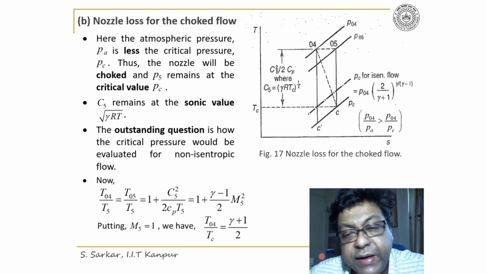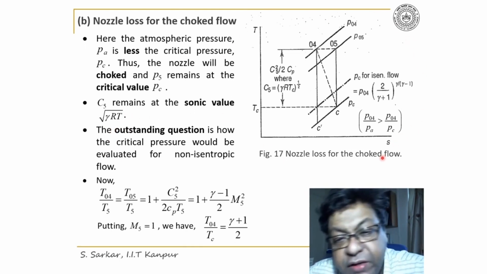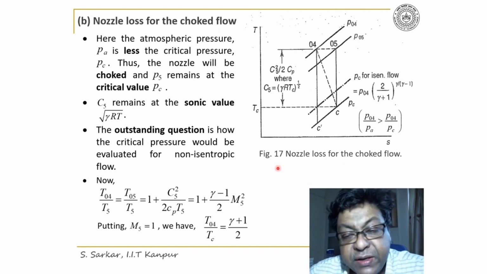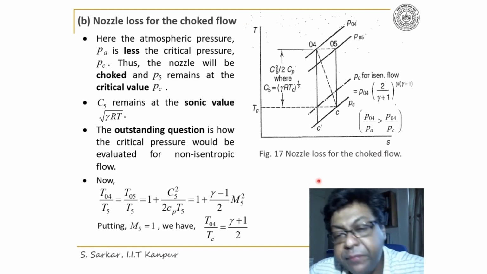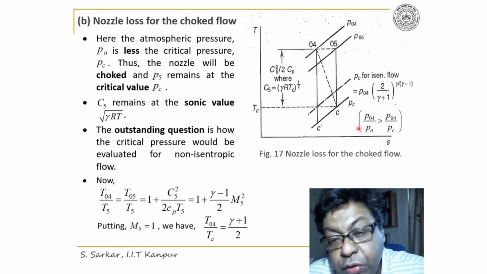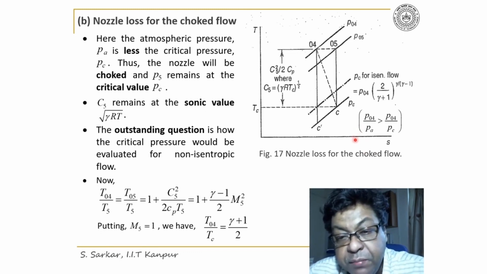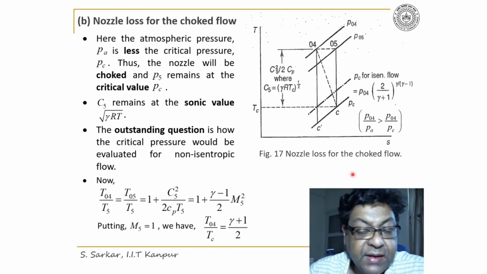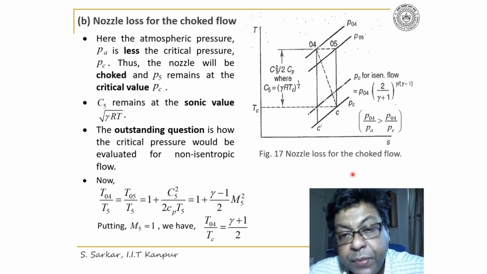With this understanding, I have drawn the expansions of the gas in the nozzle when the flow is choked in figure 17, that's a TS diagram, for the condition when P04 by Pa is greater than P04 by Pc. That means the atmospheric pressure is less than the critical pressure.